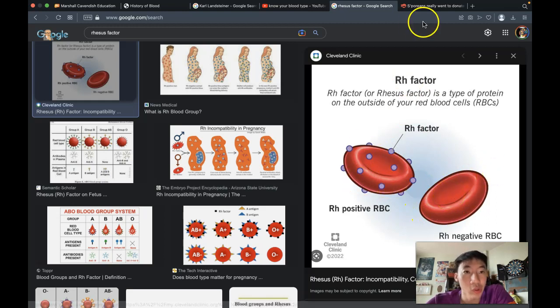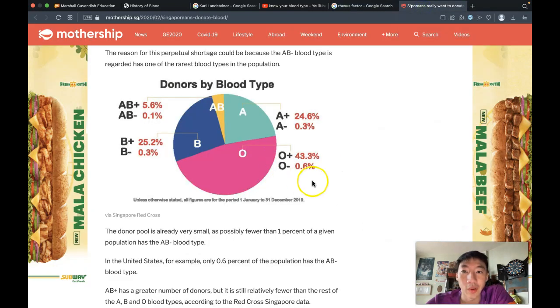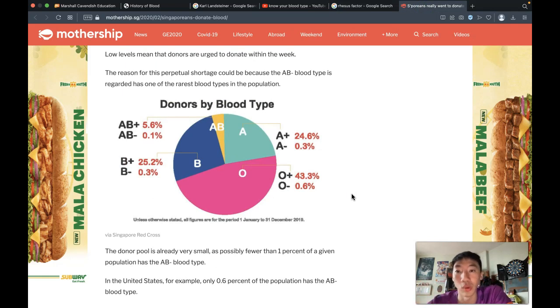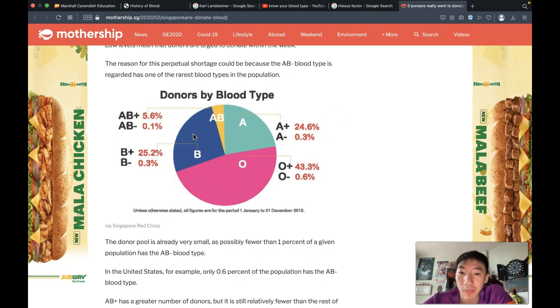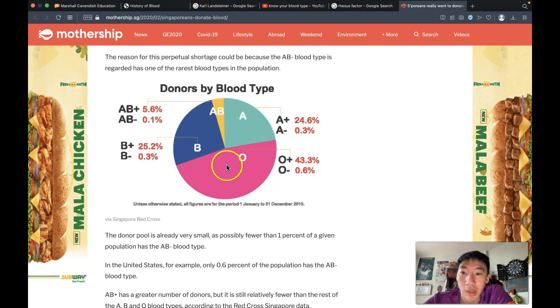Now I just want to quickly show you the percentages of the blood types in Singapore based on the donors that are giving blood. Okay, so it's not 100% accurate, but it's quite accurate. As you can see, majority of the people in Singapore are actually from the O blood type. O blood type is the most common.